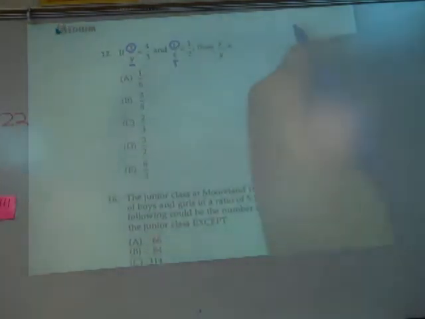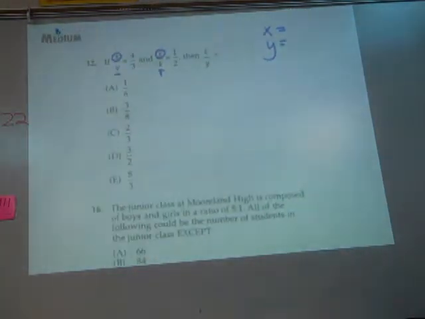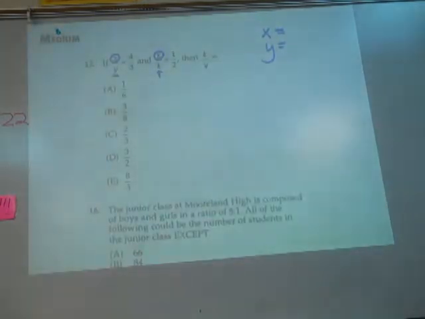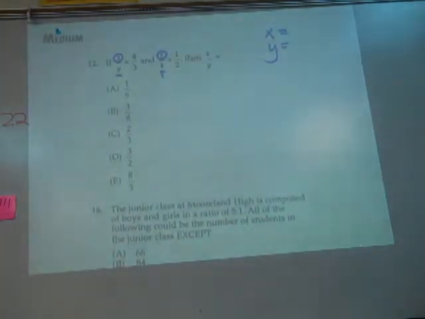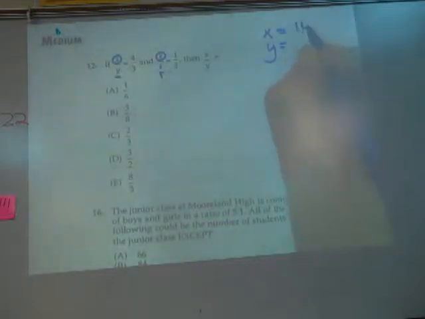If you will pick something for x and y, right? What can I pick for x and y so that x over y will equal 4/3? 16 over 12, 8 over 6, 4 over 3. You could pick 4 and 3. Doesn't matter. I heard 16 over 12 first, so I'll use 16 and 12.